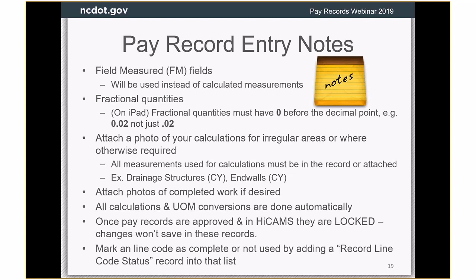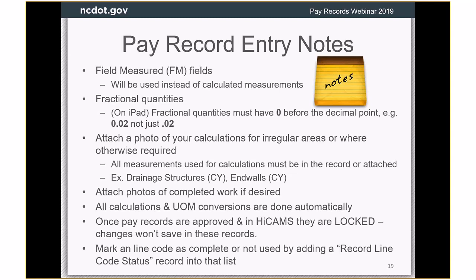So field measured length might replace us figuring out the straight distance between two stations. There's some other ones you'll find in different templates. So just read the information if it's not obvious, and we will also be happy to answer questions. But in general, that is if you're measuring something instead.